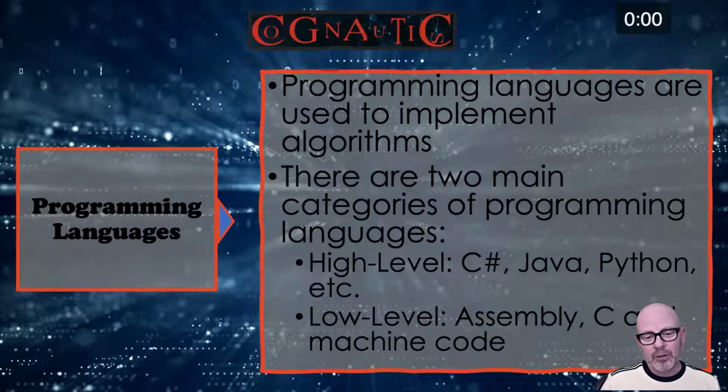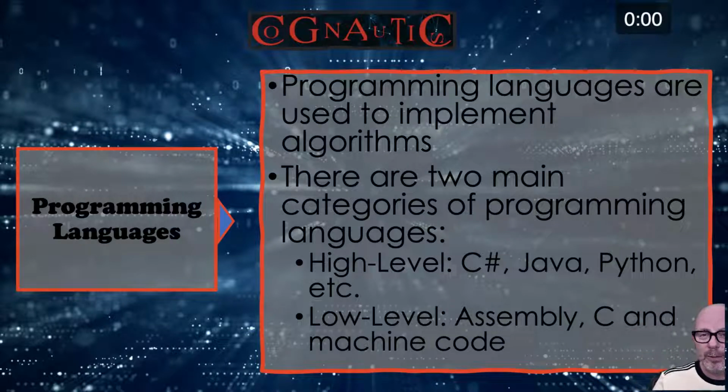And you've got 2 main categories of programming languages, high level and low level. Now, the high level ones are like Python, C#, Java, all the ones that you would use to write a web app, or an application like Word, or a game. And obviously different types of languages have got different types of benefits and suit different applications.